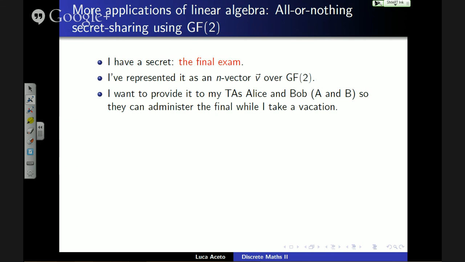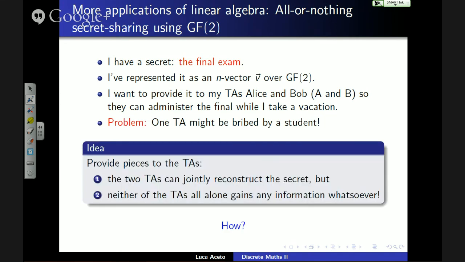So what I want to do is to give each one of them part of the secret so that together they can reconstruct the final exam, but none of them can do it alone. So if you bribe Ragnar, for instance, you don't know anything about the exam. You need to bribe them both, and they're expensive. So you can't, even if you pool all the 250 bank accounts that you have together.